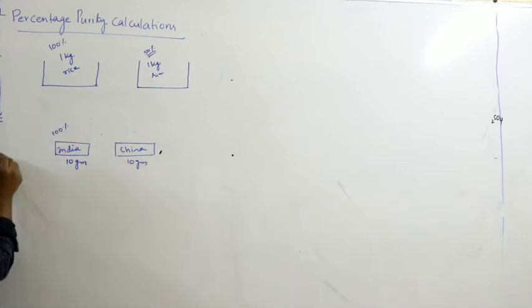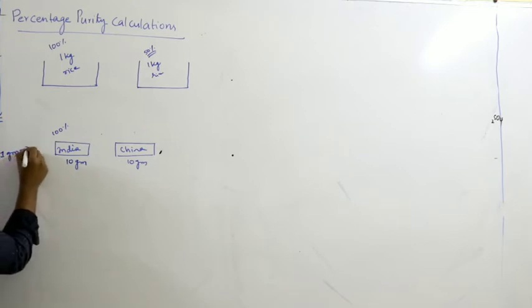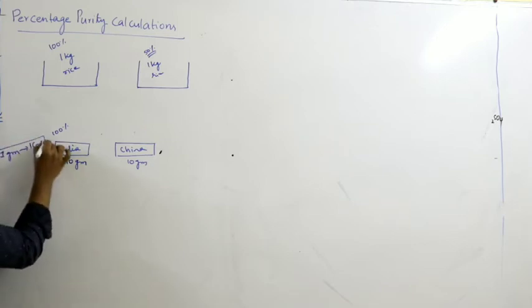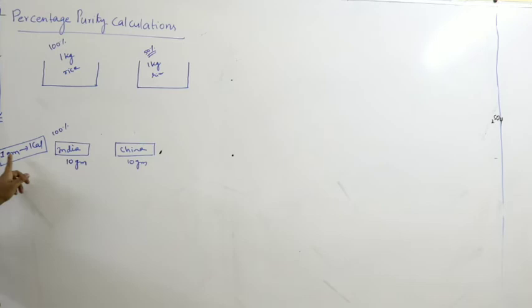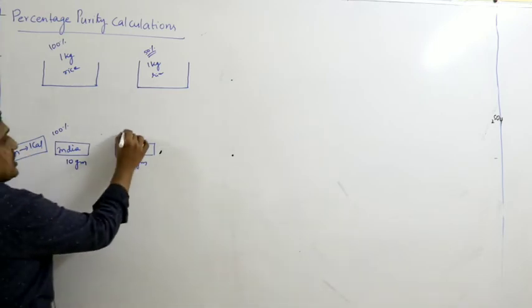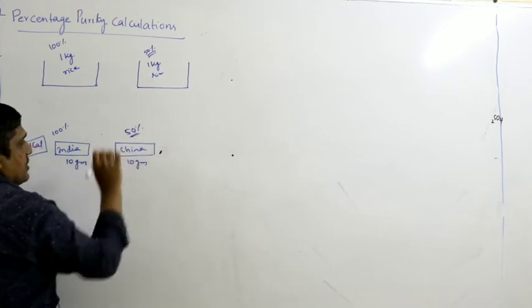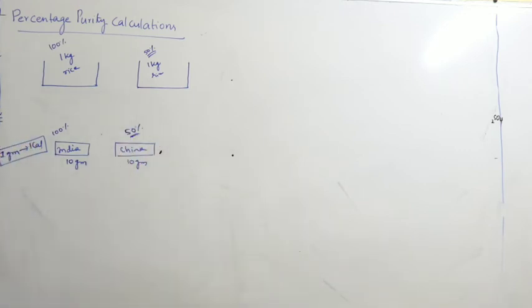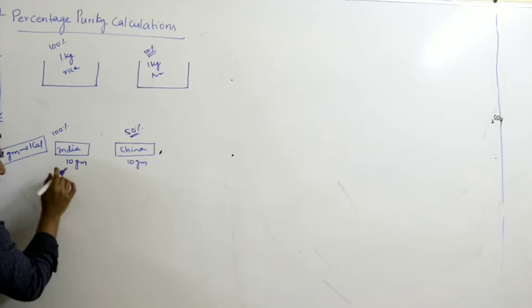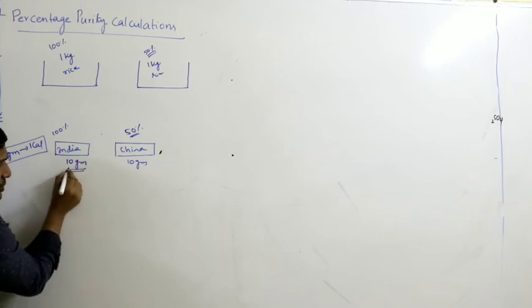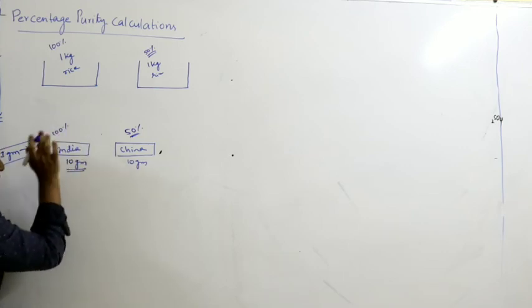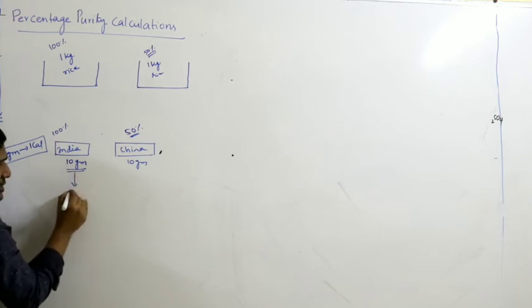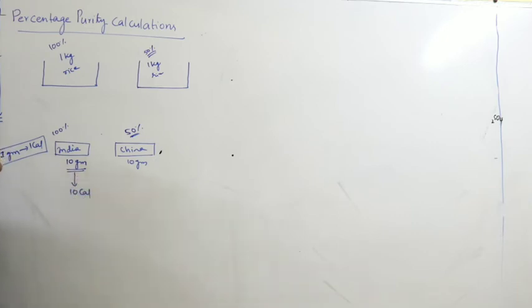Imagine that if you eat 1 gram of chocolate, you will get 1 calorie of energy. Our China chocolate is say 50% pure. So if you eat the chocolate that is 100% pure, all 10 grams is chocolate itself, so you are expected to get 10 calories of energy.